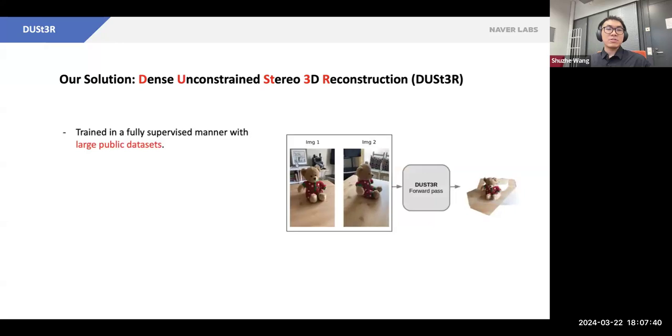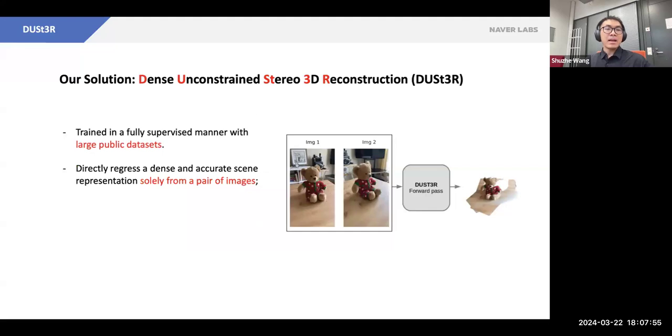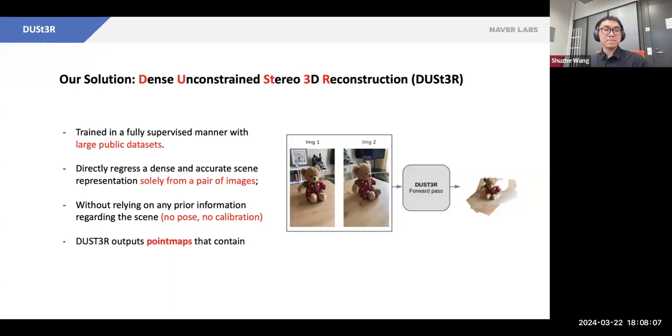The pipeline is trained in a fully supervised manner with large public datasets, including 8 open datasets with about 8.5 million image pairs in total. It directly regresses a dense and accurate scene representation solely from a pair of images, without relying on any prior information about the scene, like poses or calibrations.